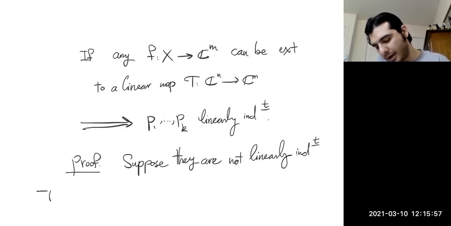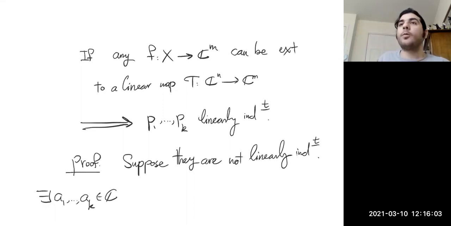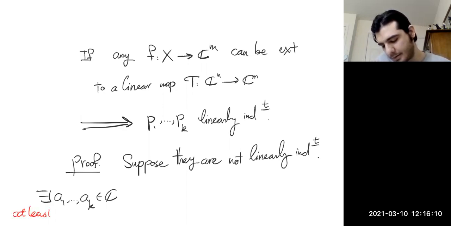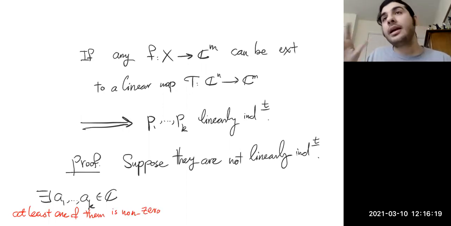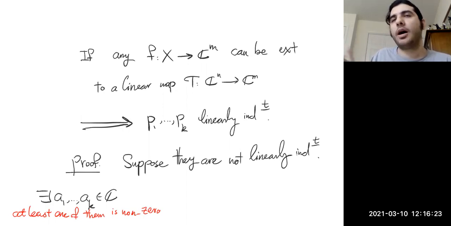It means there are elements in the field, which here they are in C, which at least one of them is non-zero. Here, I can assume, for example, A1 is non-zero. Why? Because one of them is non-zero, I can just call that thing A1.